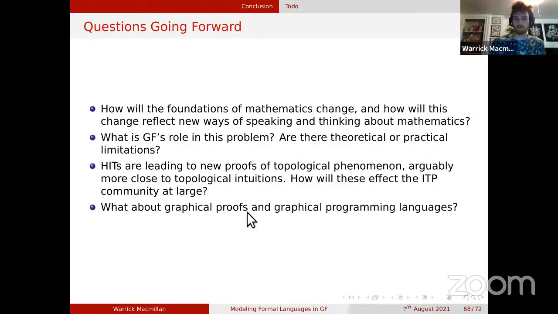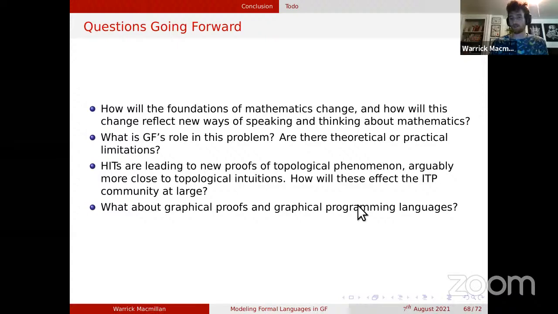What about graphical proofs and graphical programming languages? There's a good Stack Overflow question about graphical proofs that you can see, like proofs where there's no verbal syntax, but it somehow demonstrates the validity of some theorem. And that's something that our grammars don't cover, or there's no theory of proof from a graphical language, from a formal languages perspective, as far as I'm aware.